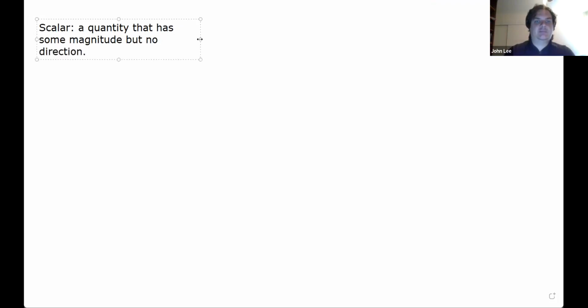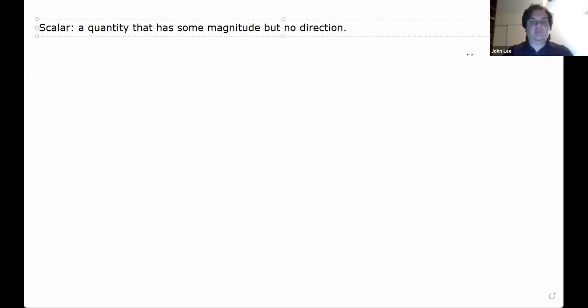So for example, time and speed are scalars because they give you some information about a quantity and they do have units, but they're not going to tell you what direction the quantity is going in.